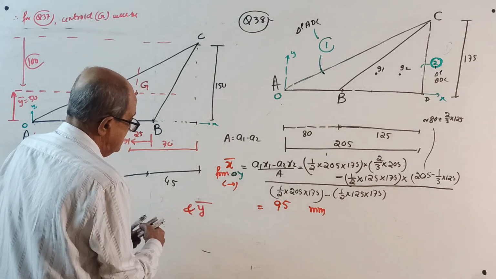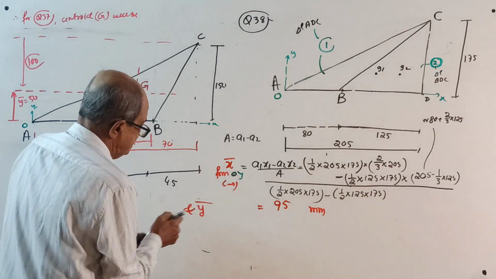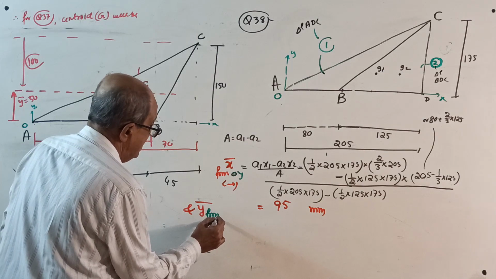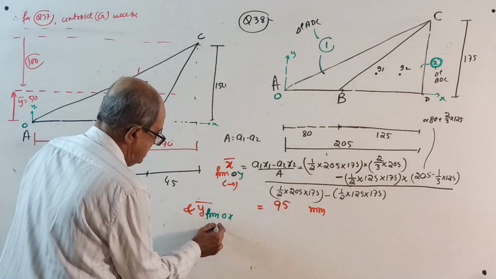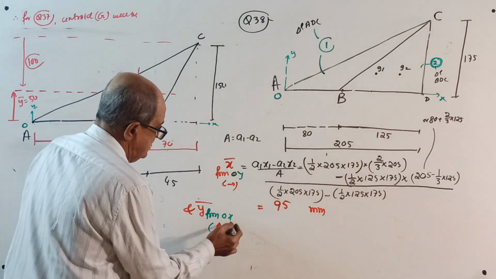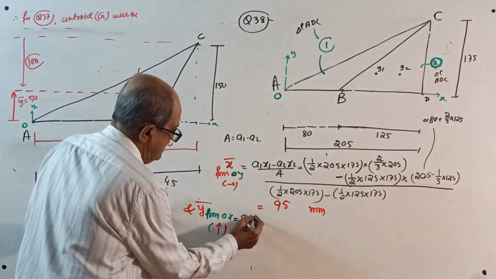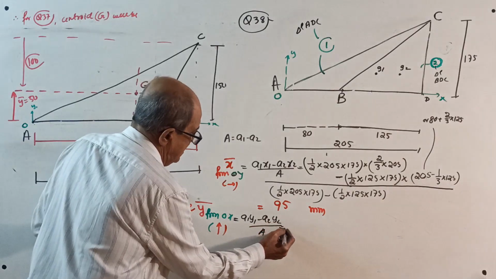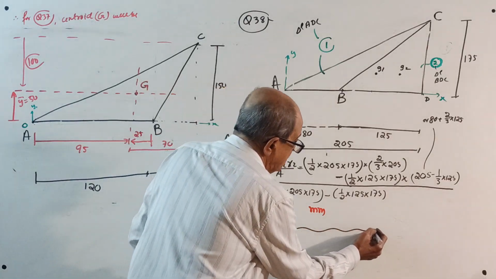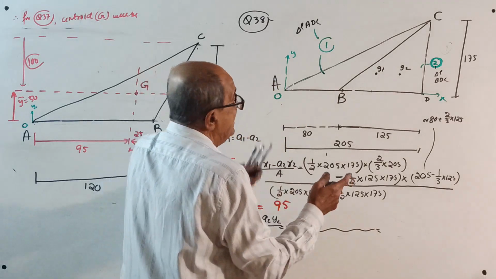Okay, then y bar from OX, upwards, equal to A1y1 minus A2y2 divided by total area. This time you calculate. See, I will dictate.